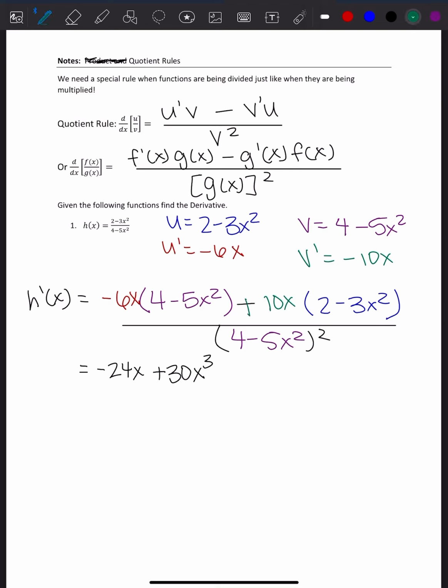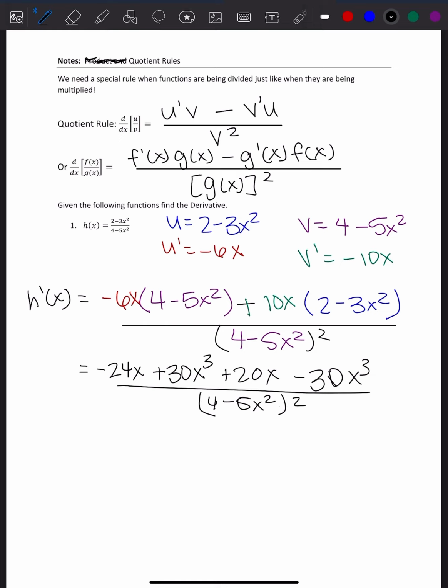Then we're going to multiply out that 10x. So 10x times 2 is 20x. 10x times negative 3x squared, so negative 30x cubed. And then we have the denominator squared.